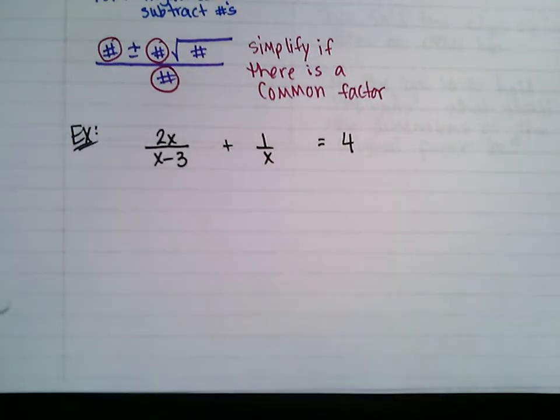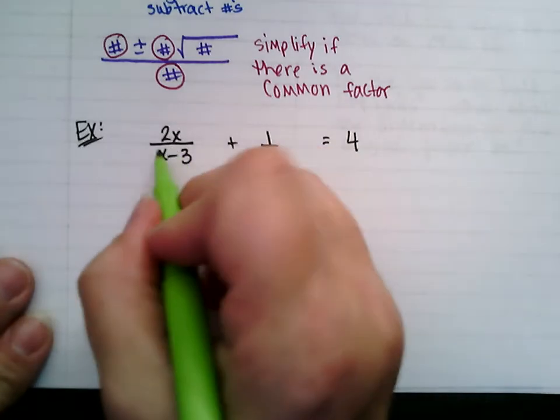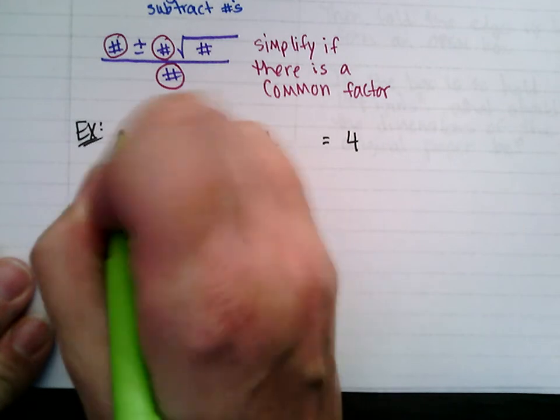Let's work through one of these. So first of all, this one is not in standard form, so we are going to need to clear those fractions. And remember, to clear the fractions, we want to multiply by the LCD over 1. So let's see what our LCD is. We've got x minus 3 as part of our LCD.